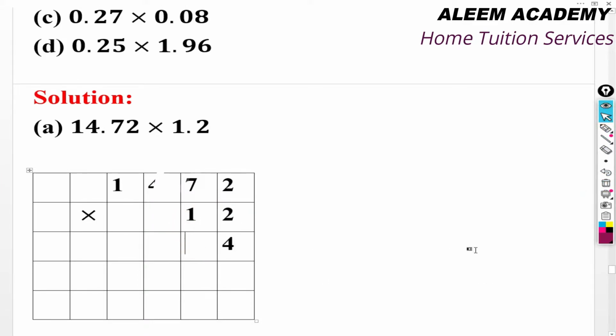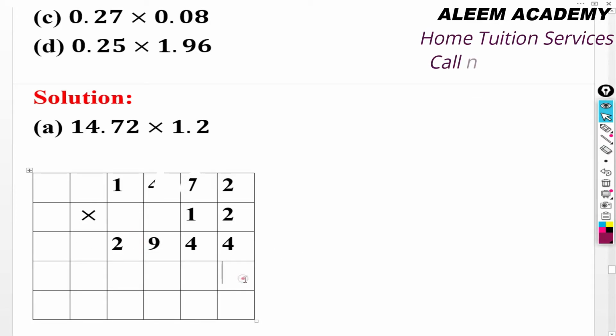So let's start it. 2 2s are 4. Now 2 7s are 14. So instead of 14, we write 4 here, and 1 we carry; we will add that later. Now 2 4s are 8, and 8 and 1 becomes 9. Now 2 1s are 2, so it will be 2 here.